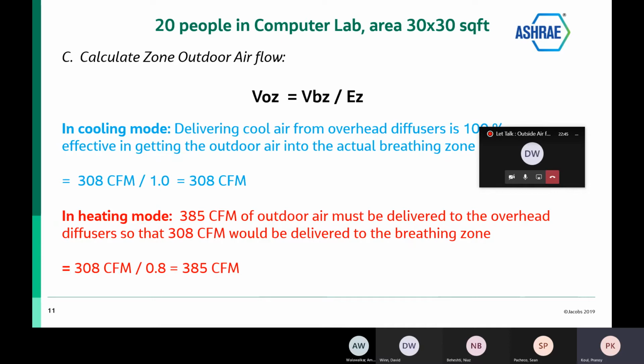Why do we need less CFM for a cooling mode as opposed to a heating mode? It's a common understanding that cool air is more dense than hot air, and because of the density you are having these values, and it requires a lot more work to provide heating to a space than cooling to a space.